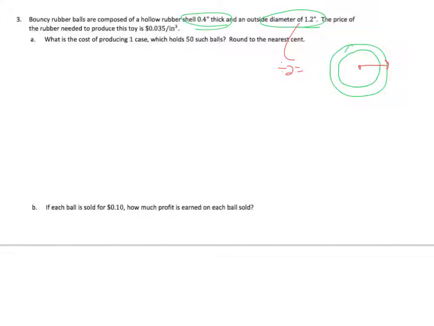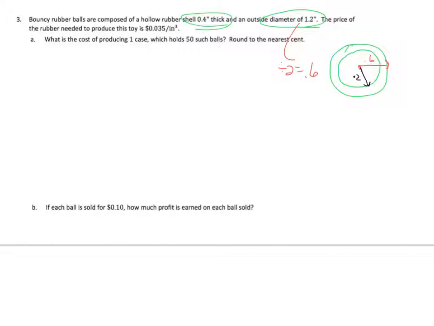It's 0.6. And that is, what does it say, 0.4 inches thick. So let's get a different color. This is 0.2, right? 0.6 minus 0.4 is 0.2.